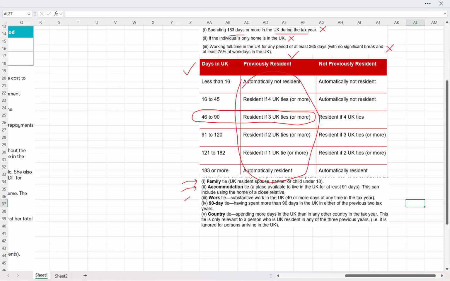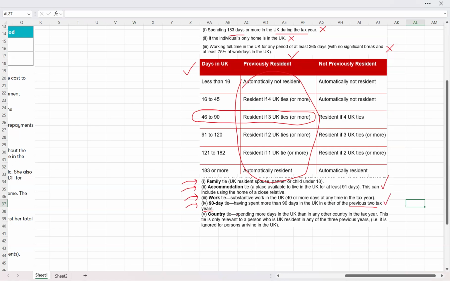There is a substantive work tie in the UK, but in this case there was no substantive work. However, there is the 90-day tie, having spent more than 90 days in the UK in either of the previous 2 tax years. Dill has been in the UK for all previous years, as the question has given us. So there is the accommodation tie, and the other tie is the 90-day tie.